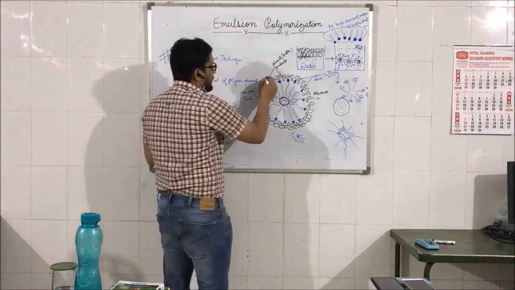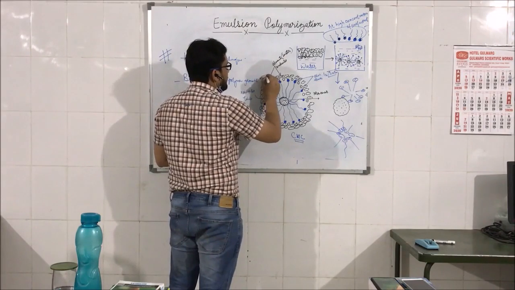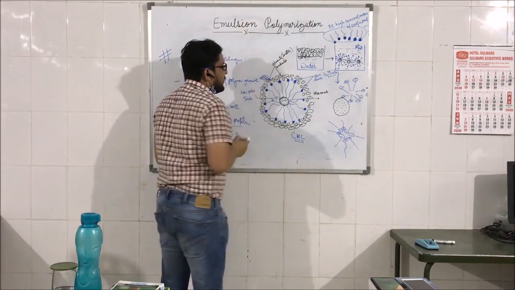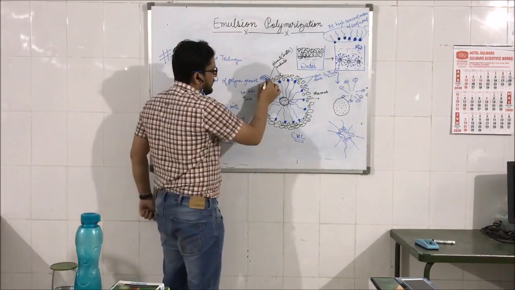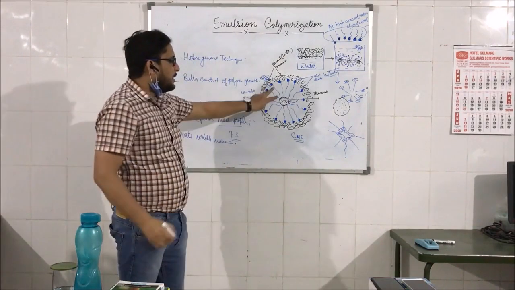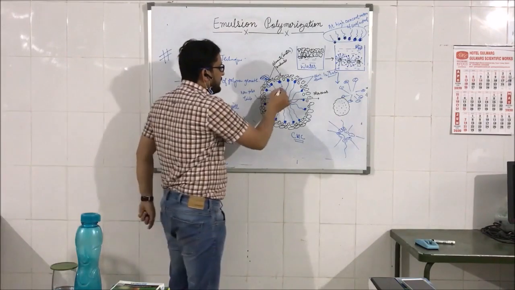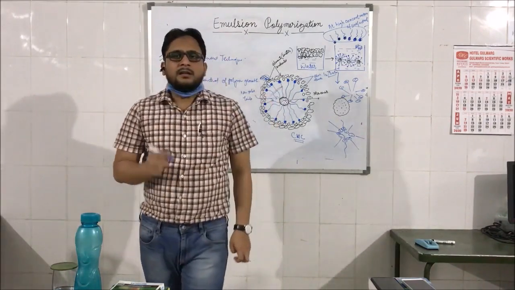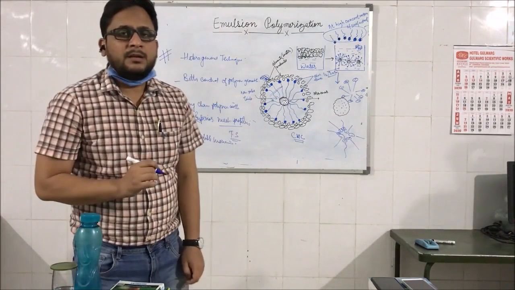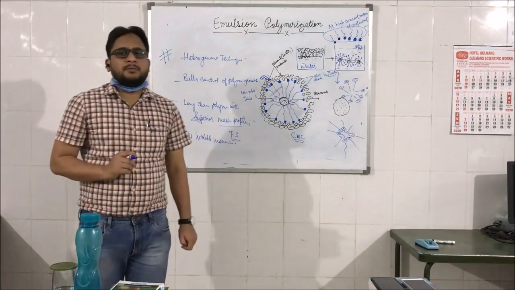When the initiator comes, since the initiator is also water soluble, it reaches here and attacks at this interface. It attacks the first monomer molecule and initiates a polymerization reaction.